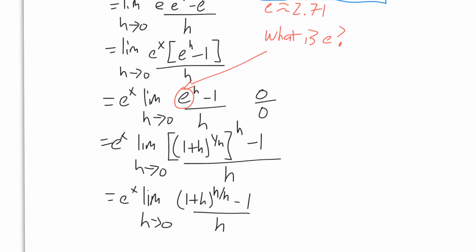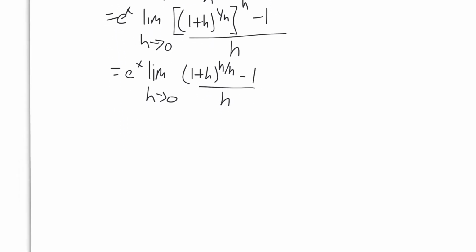Well, of course, h over h simplifies to 1, so let's keep going. We have e to the x, limit h approaches 0 of (1 plus h) to the power of 1, minus 1 over h. Well, when something is to the power of 1, we don't really need to write it, which means that the plus 1 and minus 1 cancel out.